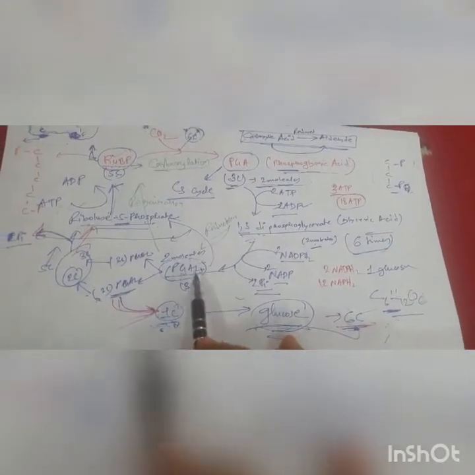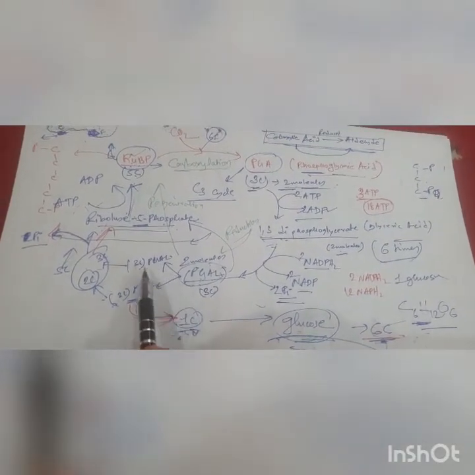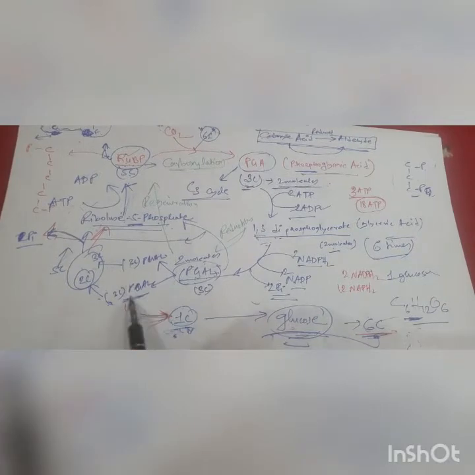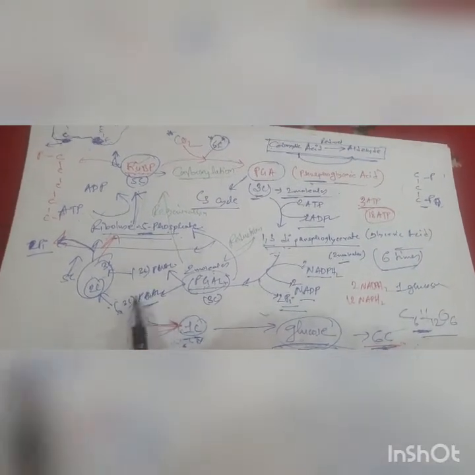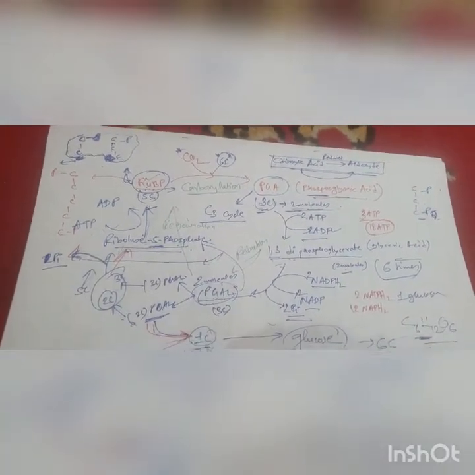Here I had told you that when PGAL comes, from PGAL 1 carbon goes, I said. 2 molecules, 3 carbon, 2 molecules, 1 carbon goes and 5 remains, and 3 carbon here and 2 carbon here, and they join to create a 5 carbon sugar, ribulose 1,5 bisphosphate.